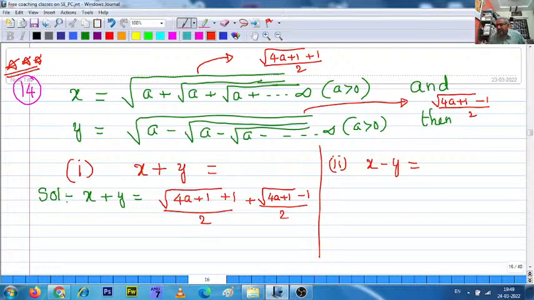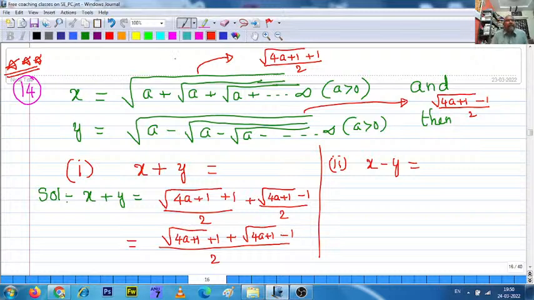Simplify, just get simplified. So now this equals, 2 is the LCM, root of 4a plus 1 plus 1 plus root of 4a plus 1 minus 1. What will happen in the numerator? Very simple calculation.